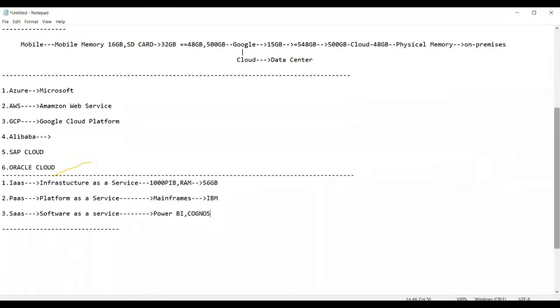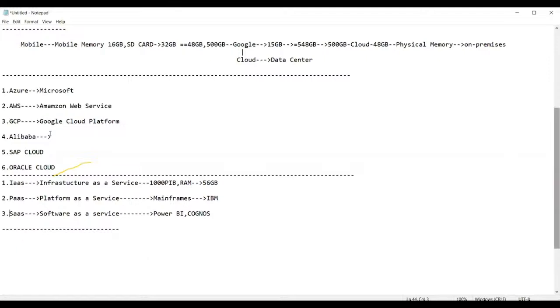You need not buy the license of this or worry about this. Simply you need to inform your cloud provider that you require it. He is going to buy that for you. Everything is taken care of by the cloud provider in the service called what? Software as a service. So these are the three categories of services we have.